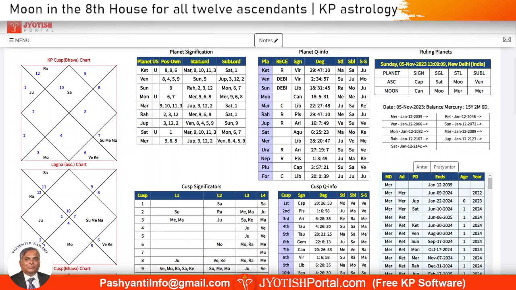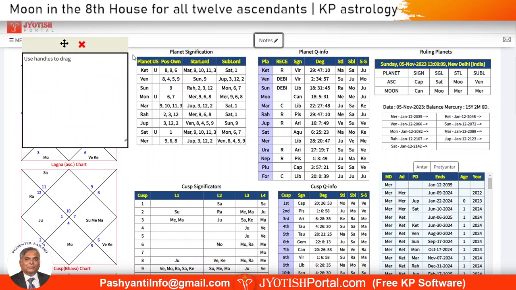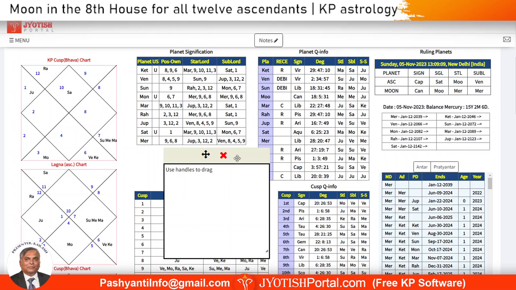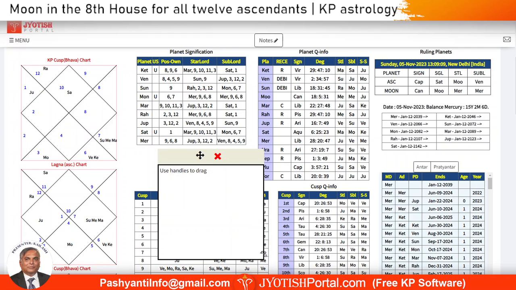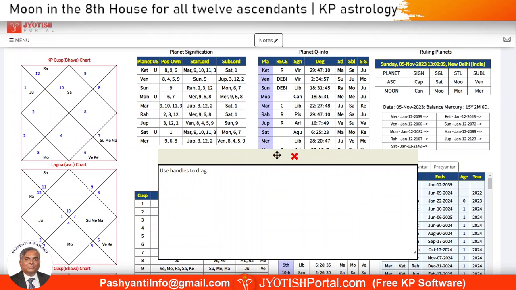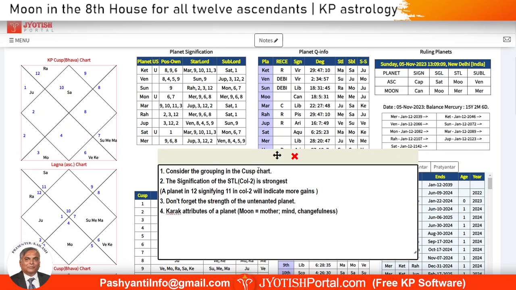Now, when you are interpreting a horoscope in the Krishnamurti Paddhati, one of the questions that comes to me once in a while is whether to use the cusp chart or the lagna or the ascendant chart.